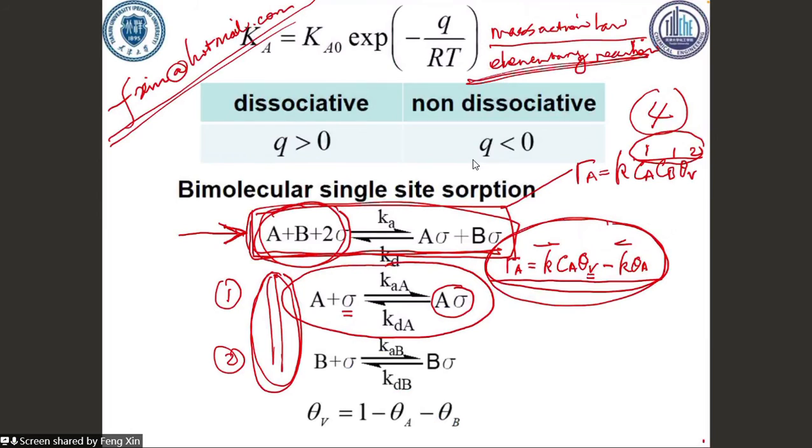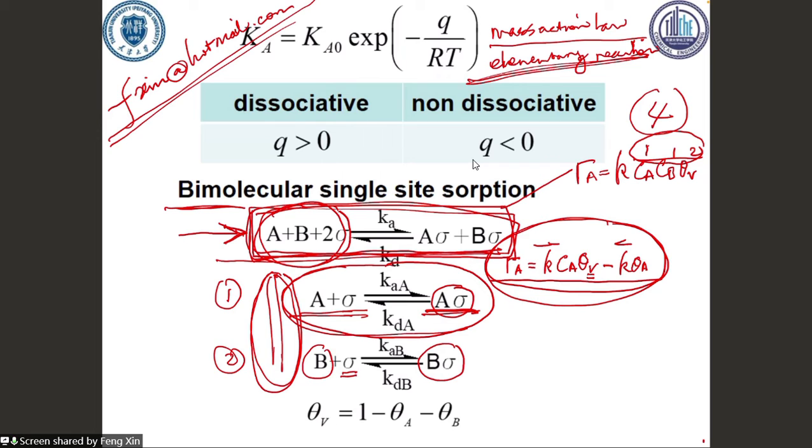Now let's look at bimolecular and single site adsorption. I just told you this is a non-elementary reaction, so this reaction can be separated into two steps. One is A adsorbed on the active site to make the active A. Another step is reactant B adsorbed on the sigma active site to produce B sigma.